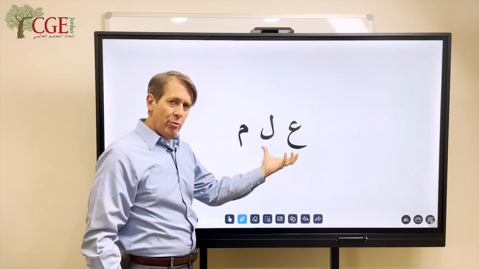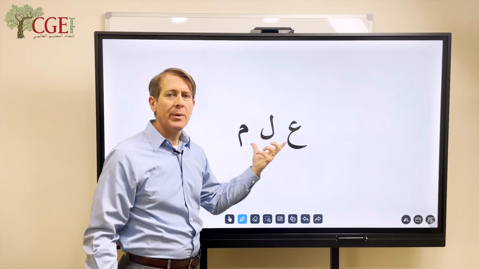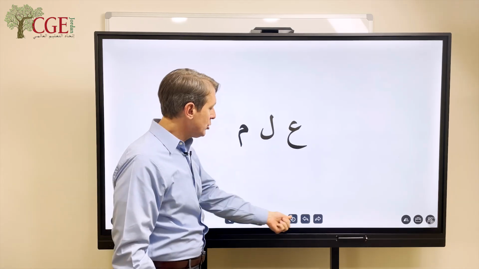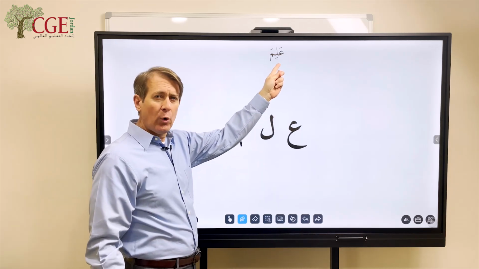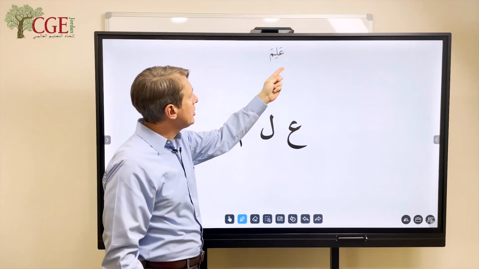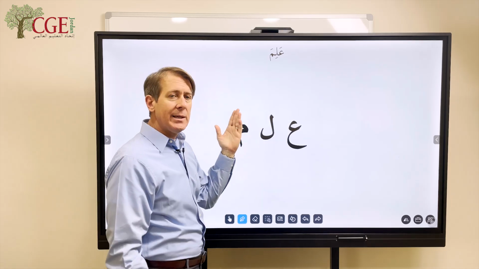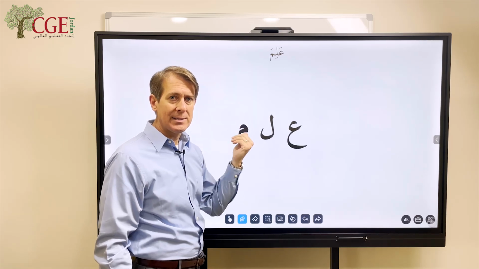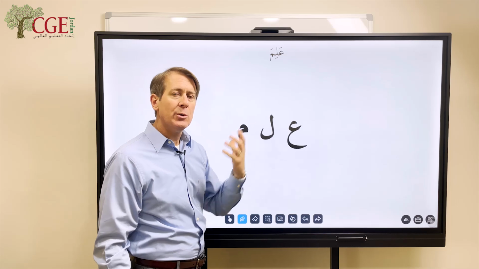Every root has what I call a root essence meaning. So the root essence meaning can be found usually where? In the Form 1 verb, which here is alima. Now, alima means he knew. He knew, past tense, masculine. It doesn't mean he knew someone.